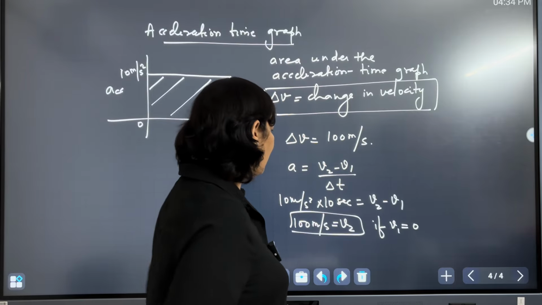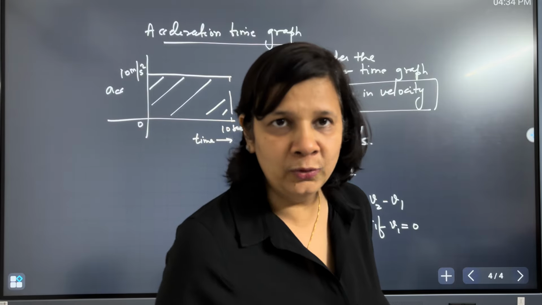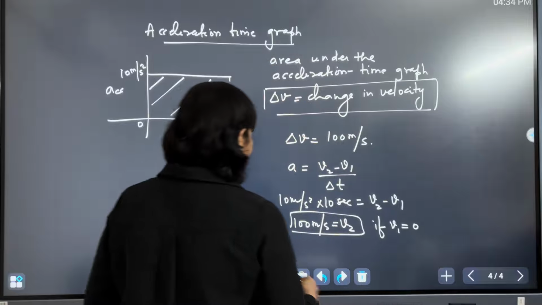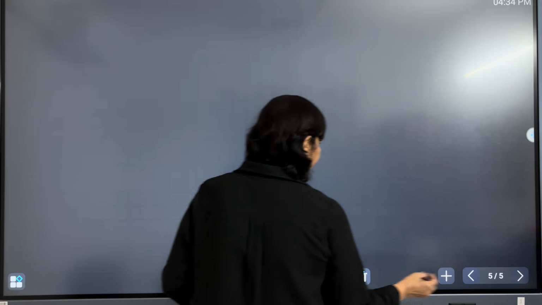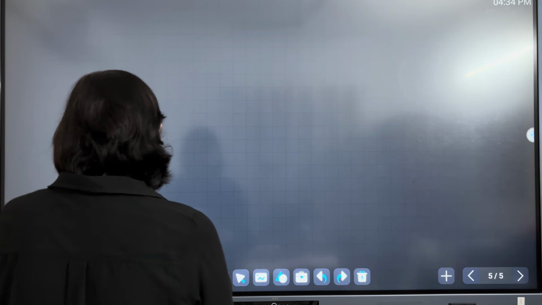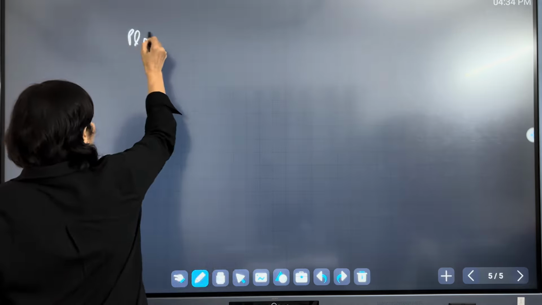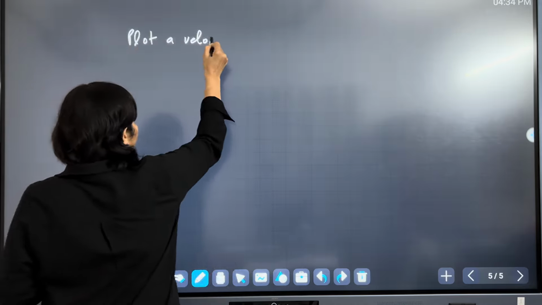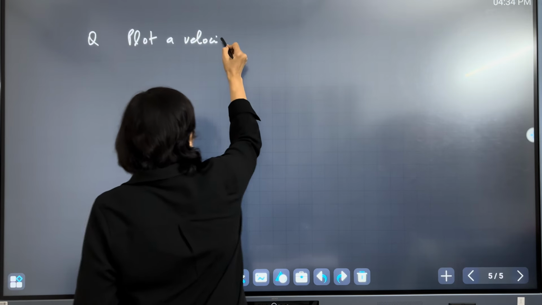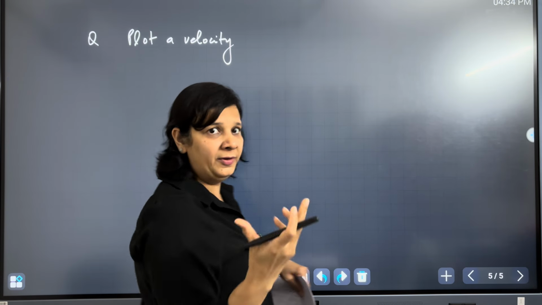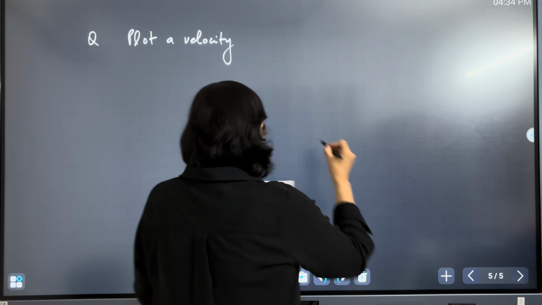Okay, so now let us do one example. If you have understood till here, if I give you a plot a velocity time graph question, okay, so you all should pause the video and try to do it yourself.